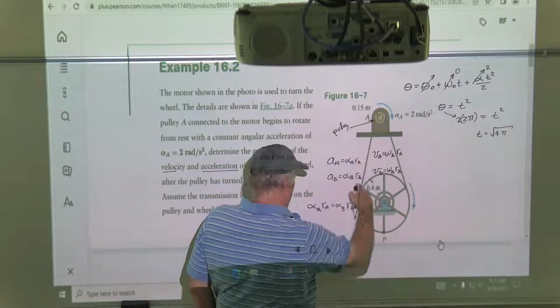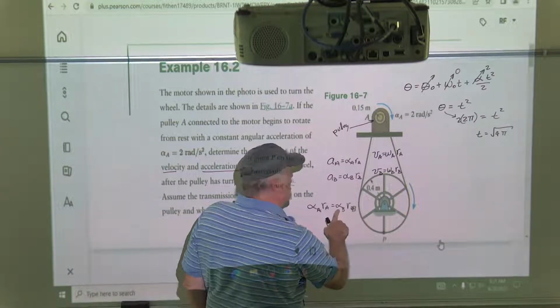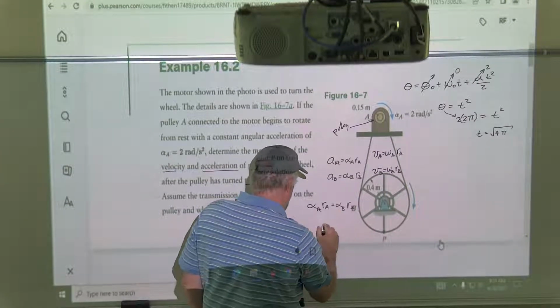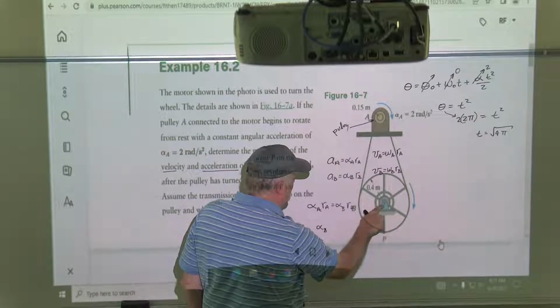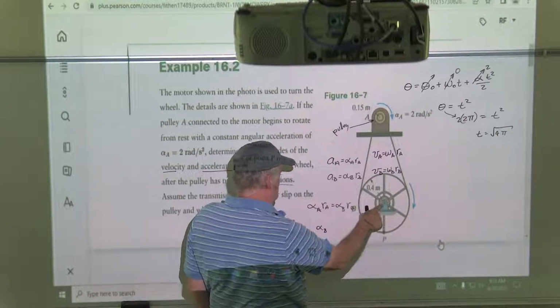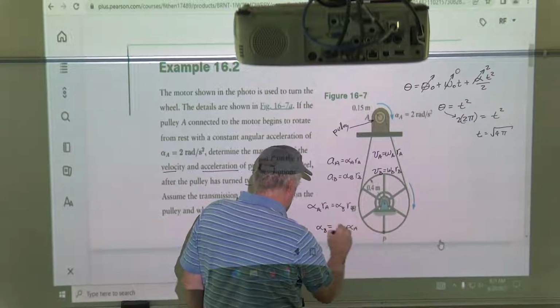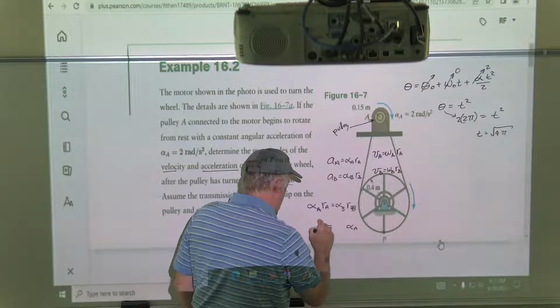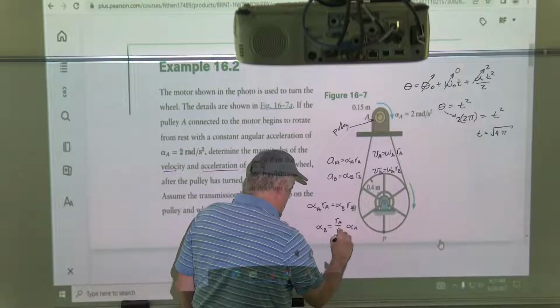So let's see, you go through here, and you're mostly interested in now the alpha B, because I'm going to just go ahead and move the problem onto B. Alpha B is equal to alpha A times RA over RB.